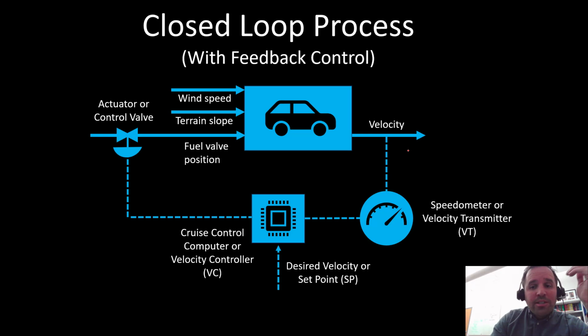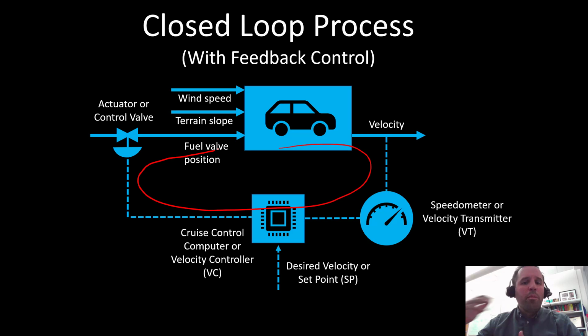A closed loop process is where we take our controlled variable, in this case our velocity, measure it, and run an algorithm on a controller to try and make it match our desired velocity, or our set point. And then this velocity controller ultimately will set our fuel valve position to hopefully make our velocity equal our desired velocity. So you can see schematically we have now made a closed loop. And so when you put a process into automatic feedback control, you are closing the loop.